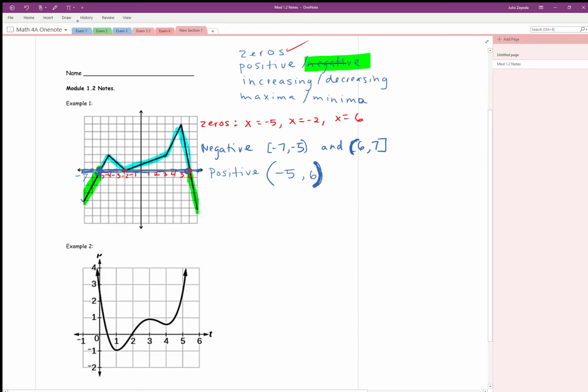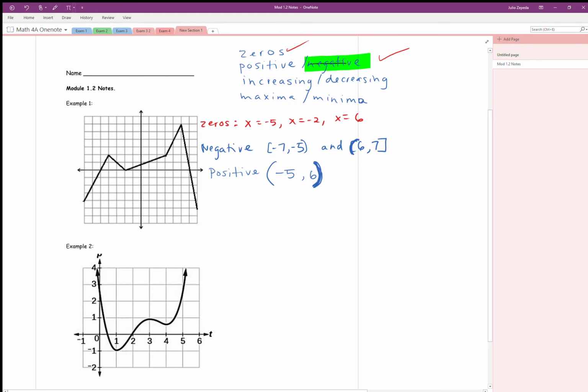Okay, so that's now positive and negative. Now we're going to go ahead and go into increasing and decreasing. Okay, so for increasing, we're just looking at any portions of the graph where it has a positive slope, or it looks like it's going up.